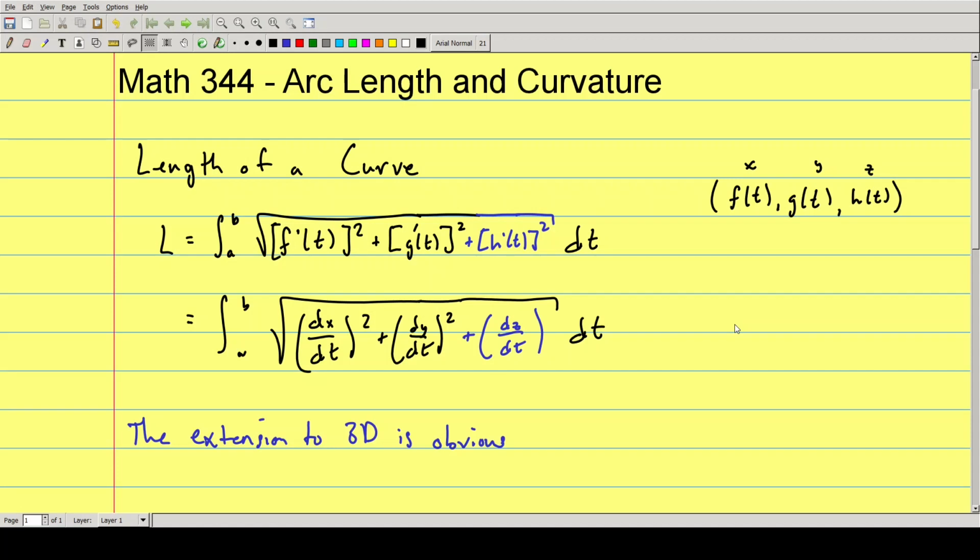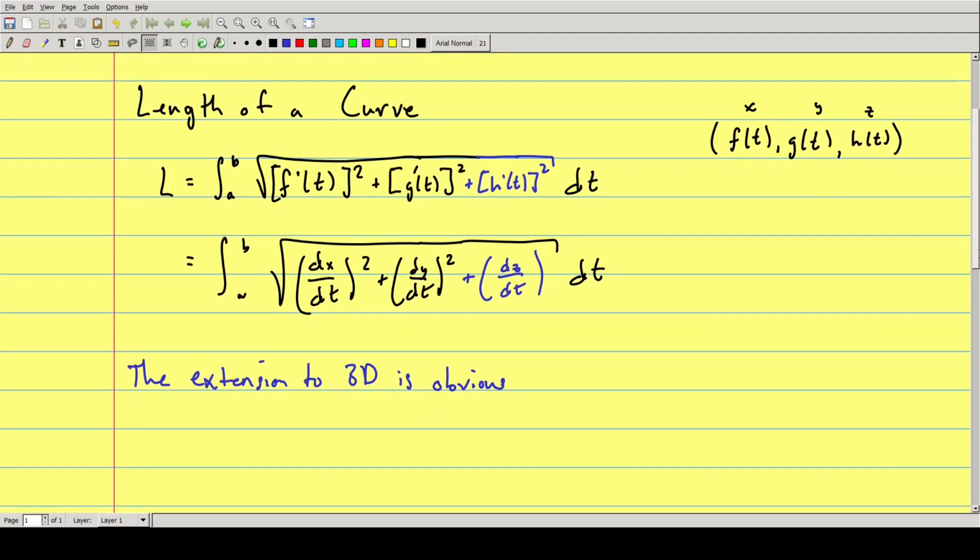We just add the extra term. Now, the real way to think about this is, instead of trying to keep track of how many terms we have, is to, in general, think about how we would want to measure distance along a curve or arc length for any number of dimensions, if we're talking about Rn, right? An n-dimensional real vector space.